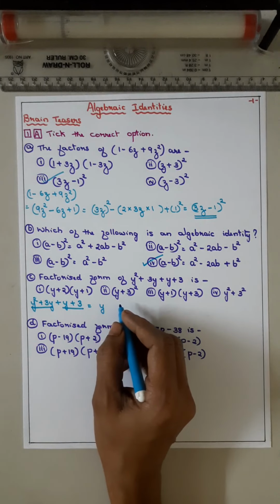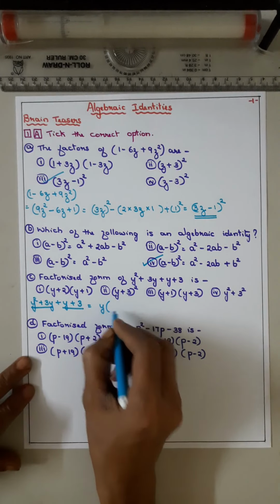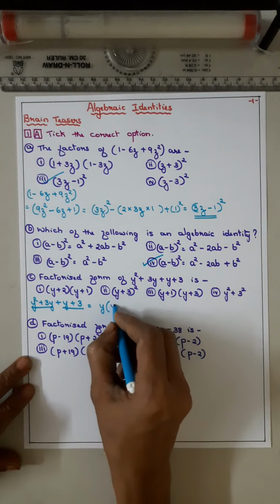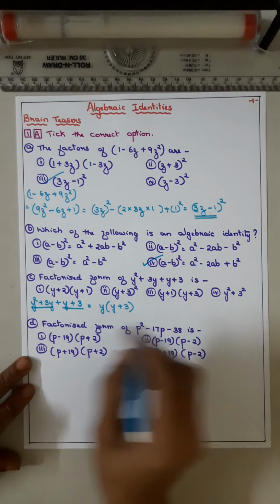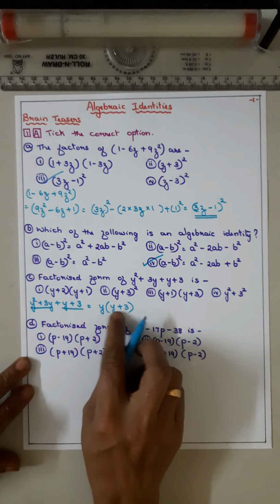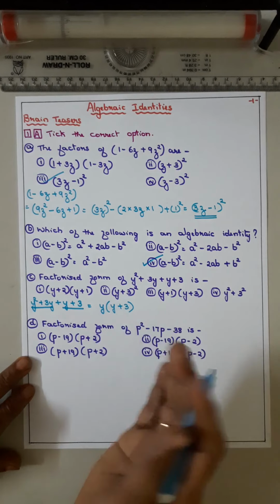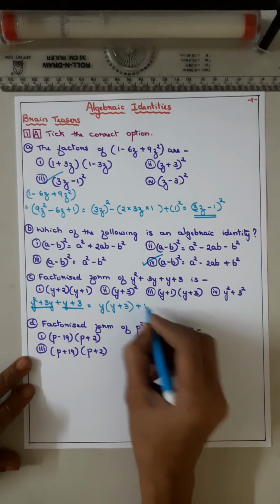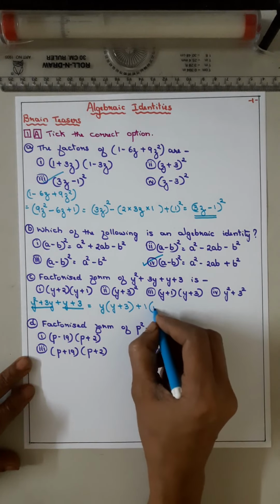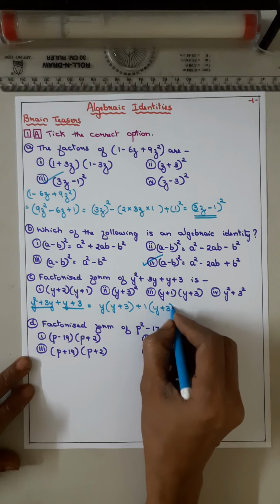In the first two, what is common? Y is common. What is remaining? Y plus 3. Now here y plus 3, इधर भी y plus 3, मतलब common क्या आएगा? Nothing is common means it is 1. 1 bracket open y plus 3.